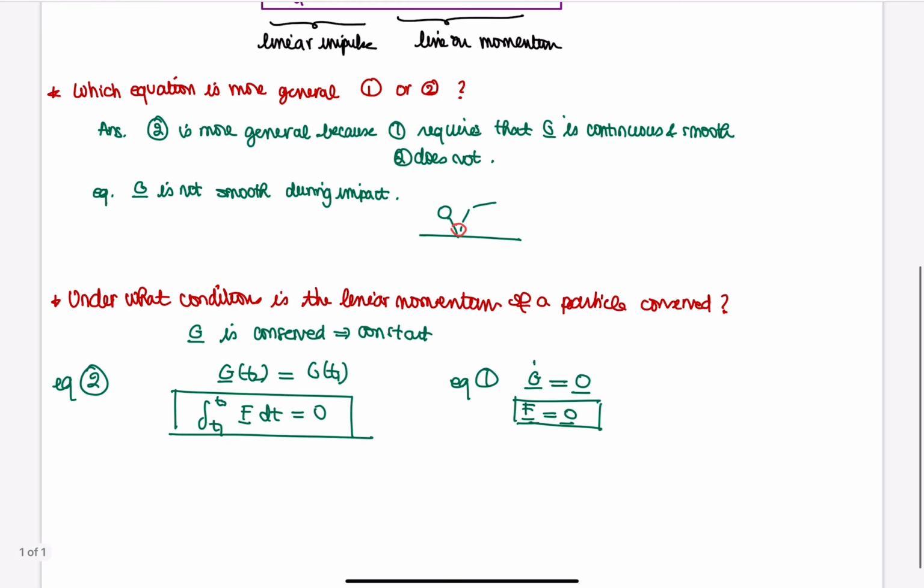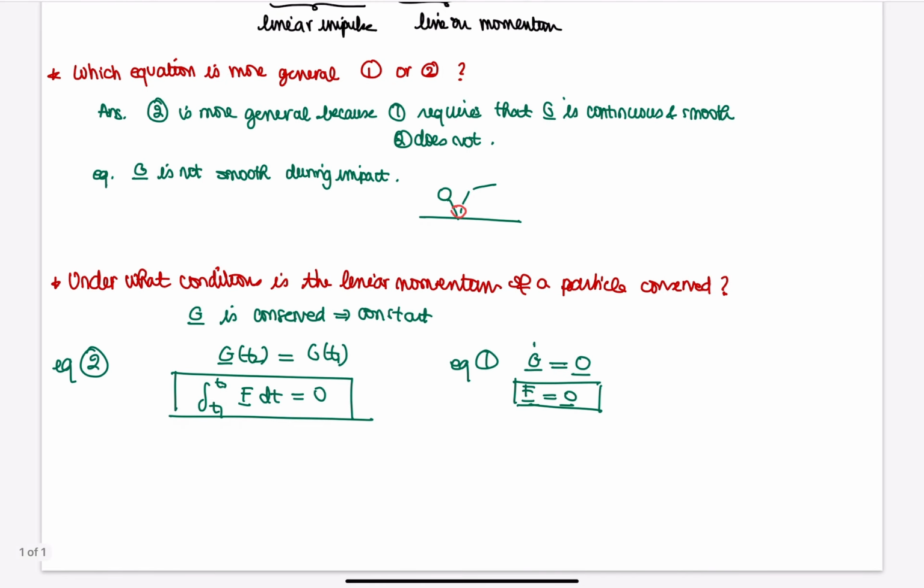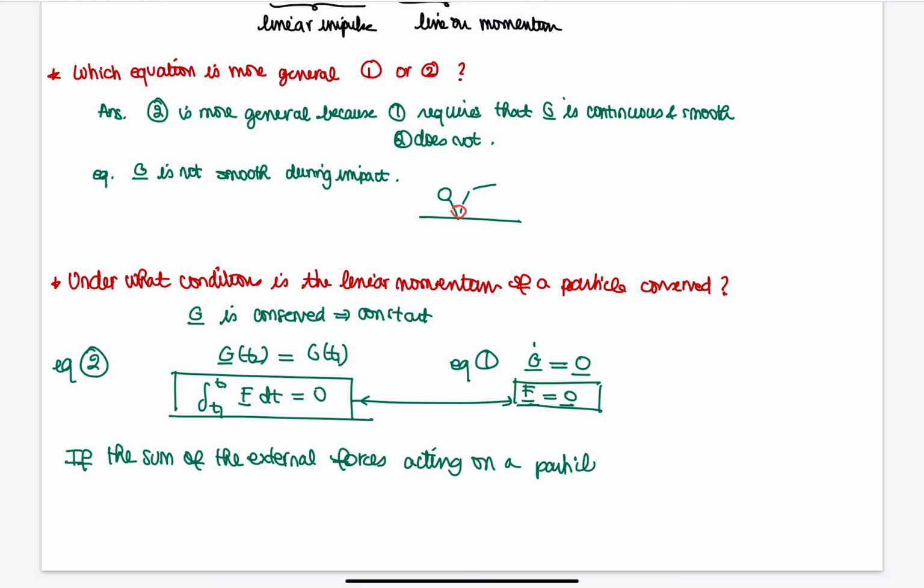So if F is equal to 0, which is also equivalent to the integral of F dt is equal to 0 if F is smooth, then the linear momentum of the system is conserved. So if the sum of the external forces acting on a particle is 0, then its linear momentum is conserved.